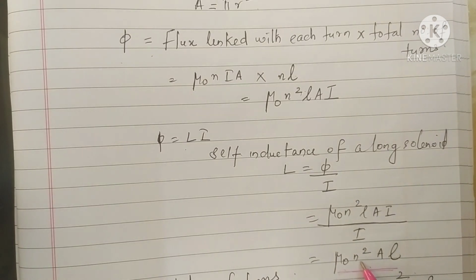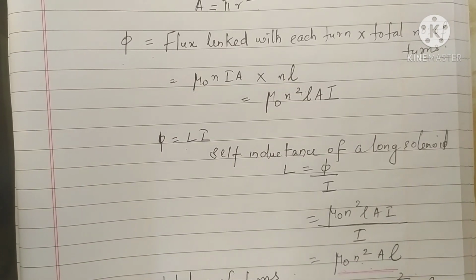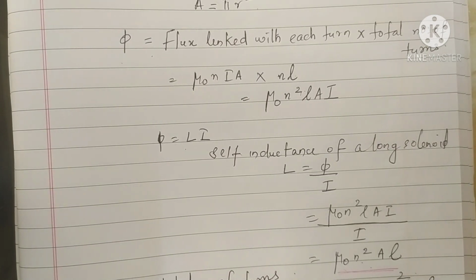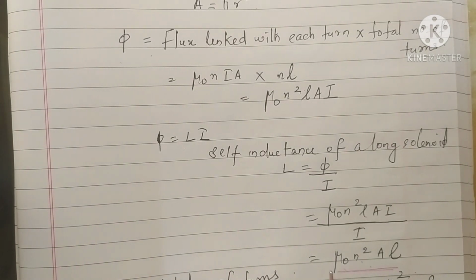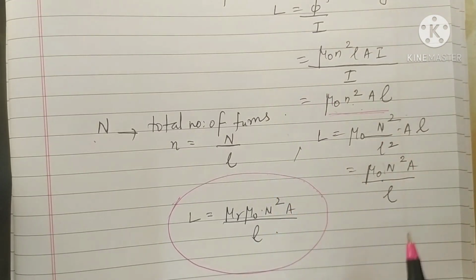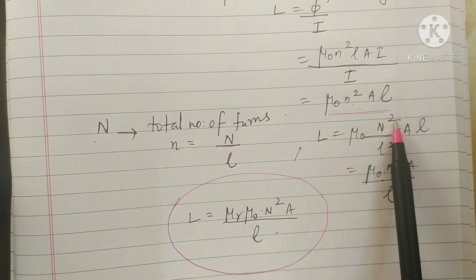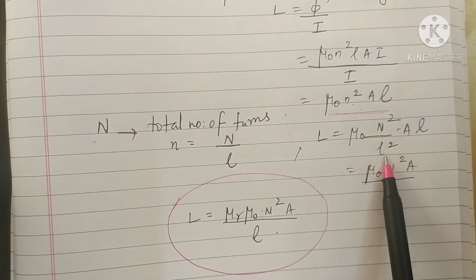Now small n means the total number of turns per unit length, and if you want to find small n in terms of capital N, the total number of turns, small n is equal to N by l. Substituting that value you will get L equal to mu naught N squared by l squared A l by l squared.